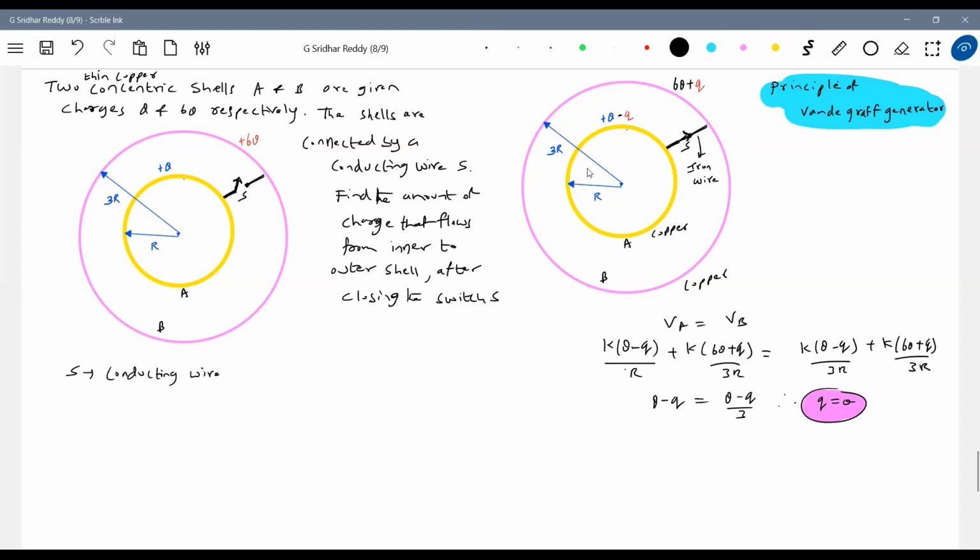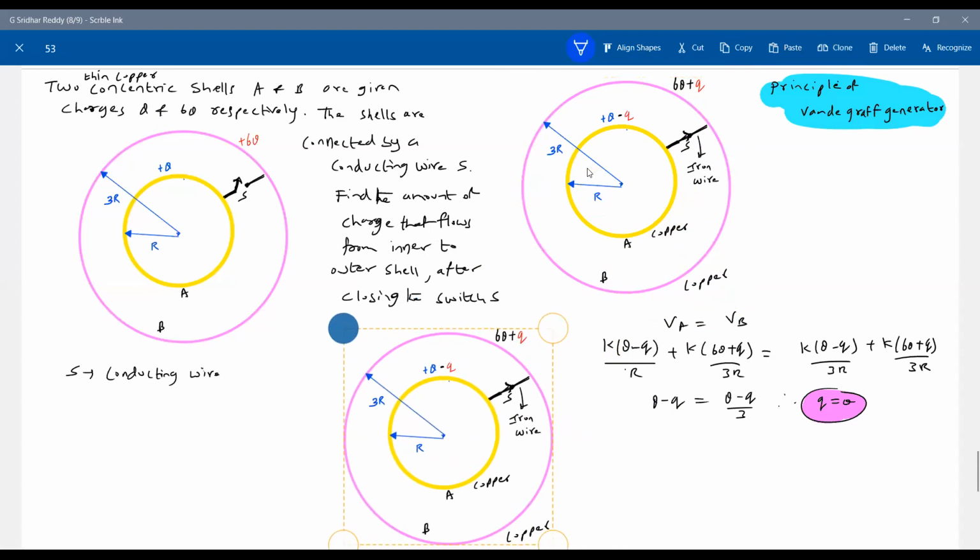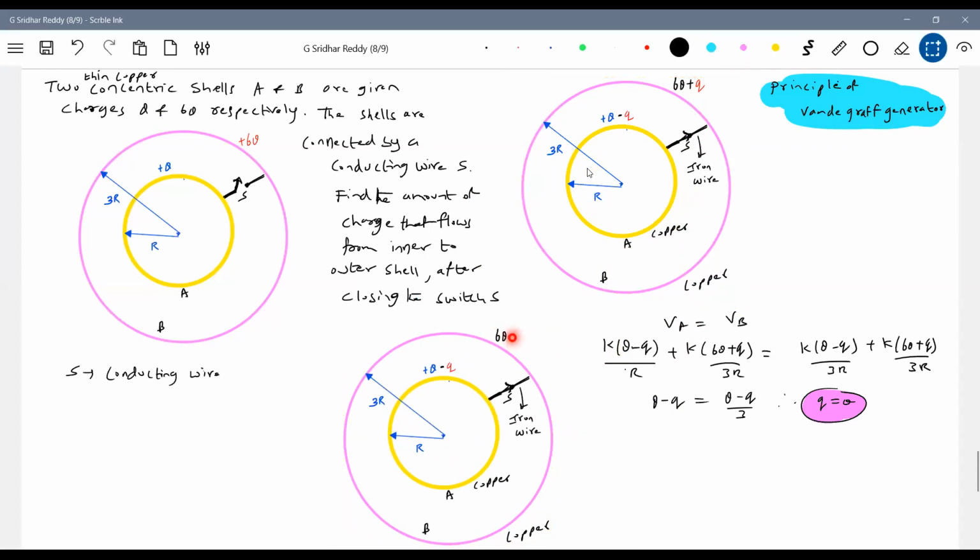So what does it mean finally? The whole charge on shell A will flow to the outer shell. Looks strange, but this is what happens. So what is the final? Finally, we'll get 7Q charge here and 0, no charge, here.